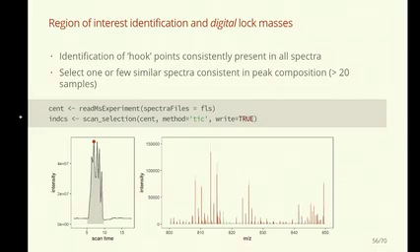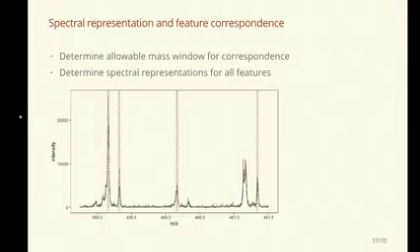Typically we get quite a few of these hook points, a couple of hundred of them, which are nicely uniform throughout the mass scale as well. Then we determine the allowable mass windows within which we can group these features for feature correspondence, and the spectral representation points as we did before.